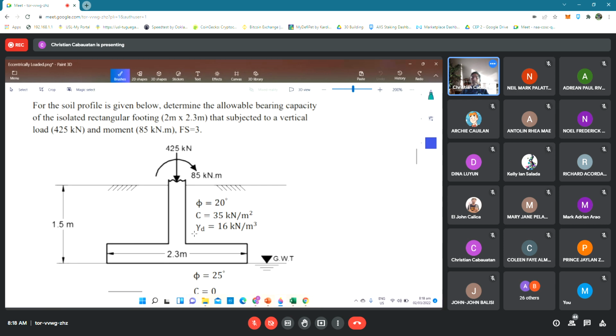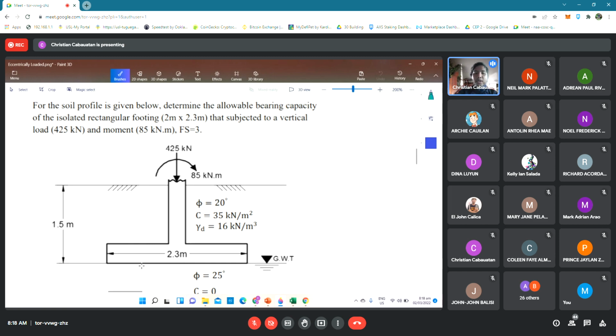Pero kapag 2 meters yan, yung nandito sa baba, yung kanyang dimension sa baba, 2 meters po ang nakalagay, and then it was stated that the eccentricity rotates on the axis of the L direction.